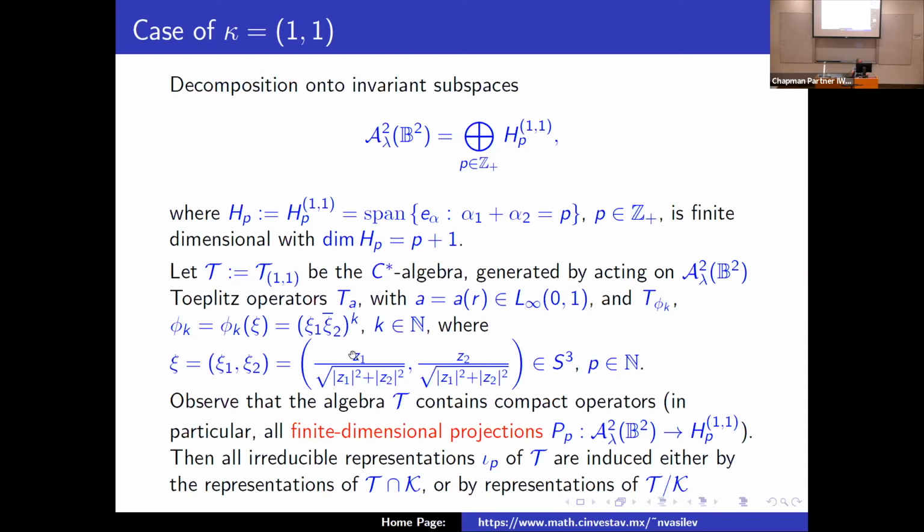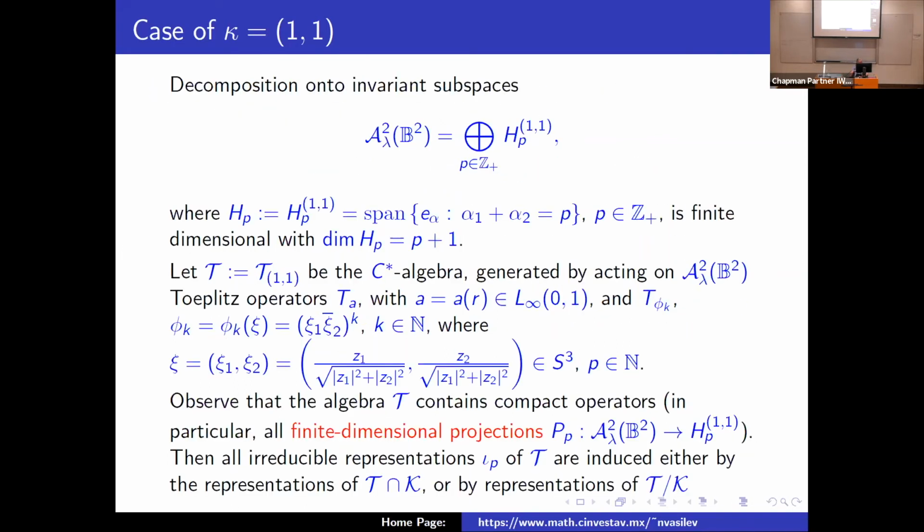We consider the algebra generated by a Toeplitz operator with a radial symbol r, and Toeplitz operators with this symbol phi k. Phi k is the point on the unit sphere, passing to spherical coordinates, the spherical coordinates of the point z.